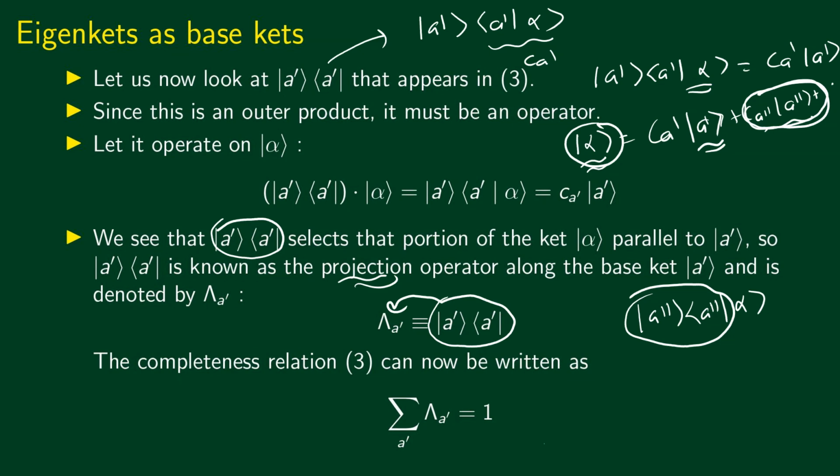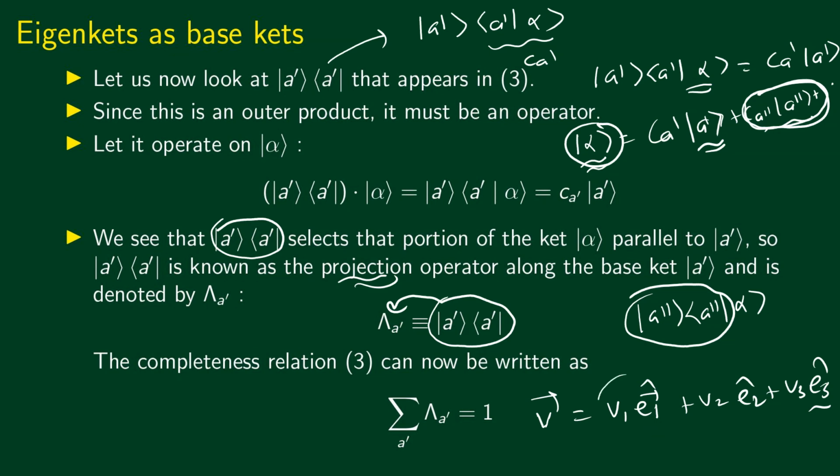Just like in the case of Euclidean vectors, we write the v vector as v1 e1 hat plus v2 e2 hat plus v3 e3 hat. So what have I done here? I have written this v vector as a resultant of three vectors: one along the e1 direction, another along the e2 direction, and the third along the e3 direction.